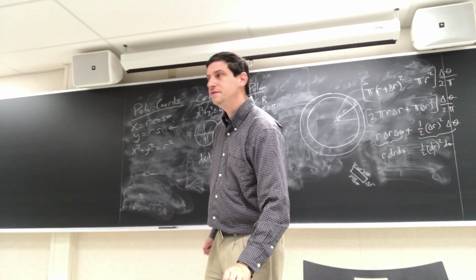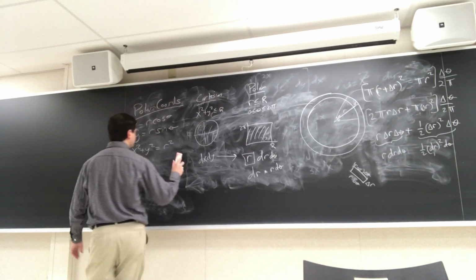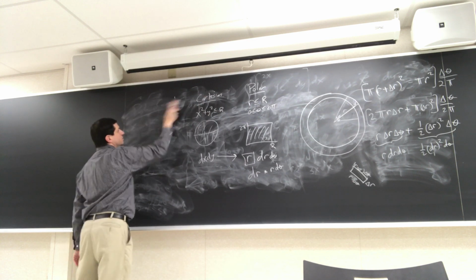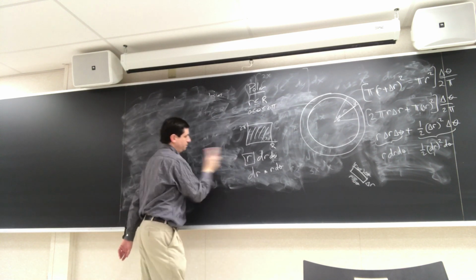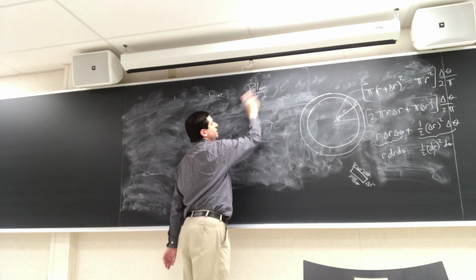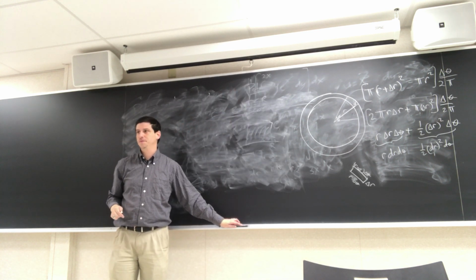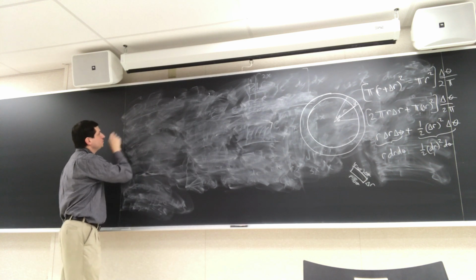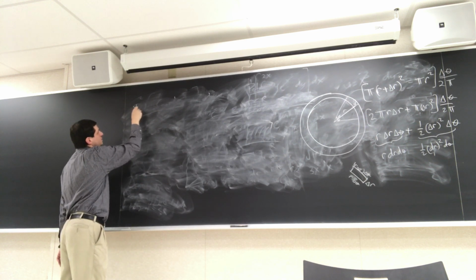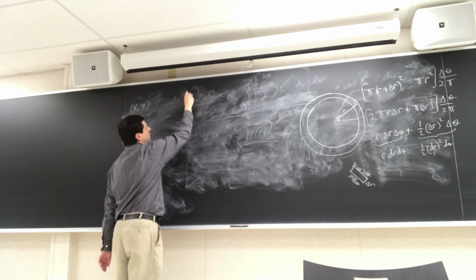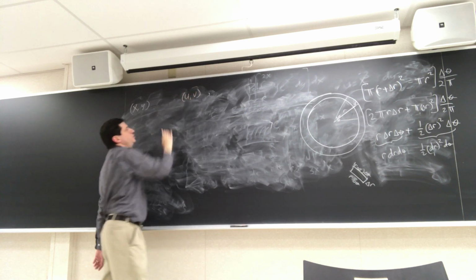Let's do one more way of seeing why it's r dr d theta, because this is so important. And this last way is the way that's going to generalize very nicely for the other change of variables. So we're going to have, say, our xy space, and we're going to have our uv space.